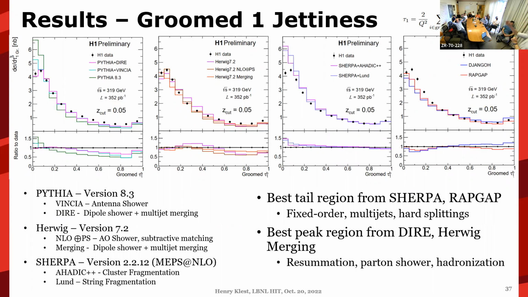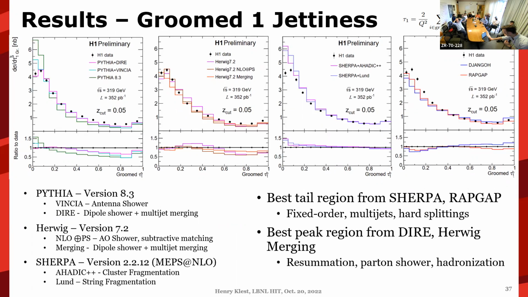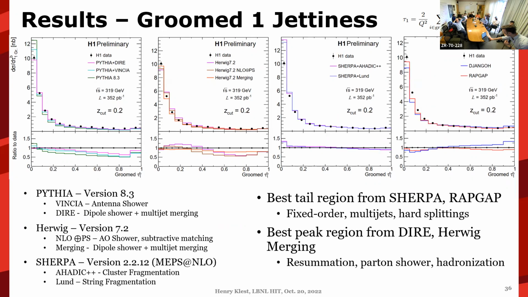And so here's the lower Z cut. The previous was the Z cut of 0.2, so that's harsher grooming. Here we have a lower Z cut, so it's not quite as harsh at grooming. And you can notice as I flip back between them that the generators across the board typically tend to agree better with the harsher grooming, because in general, the thing that we don't understand very well in these generators is the beam remnant.